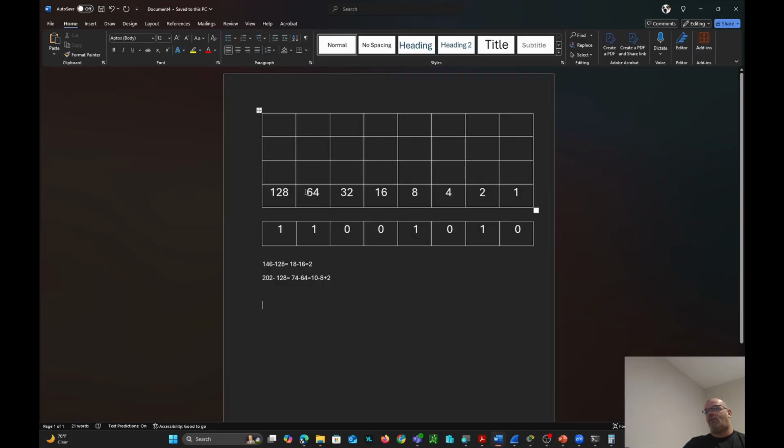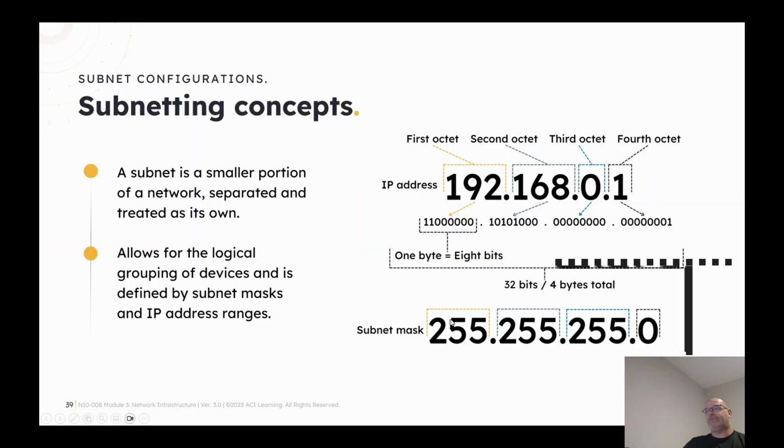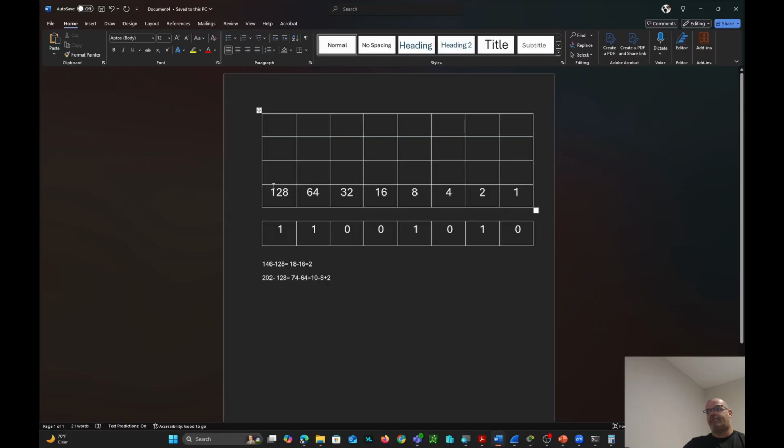Now, what does the subnet mask do? Remember, the subnet mask is what is telling the computer which part of these binary numbers are equal to the network and which ones are equal to the host device, okay? So this is where the second row comes in.